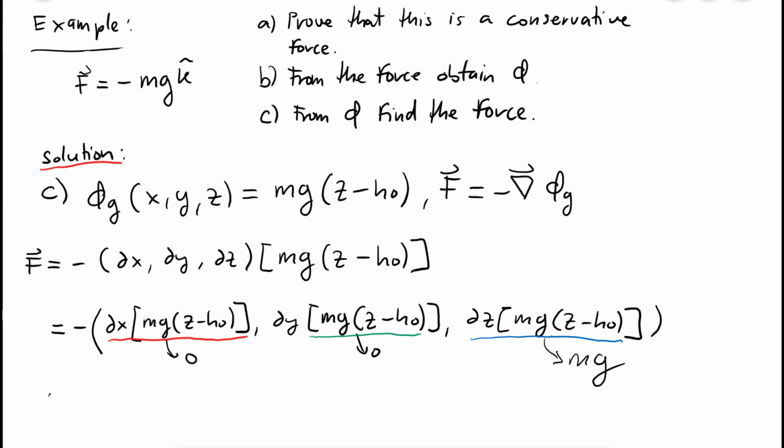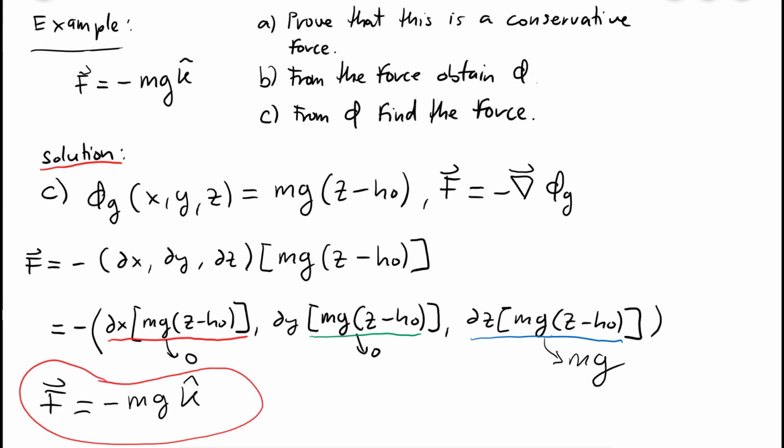And thus, if you write the resultant force, this is going to be equal to minus mg in the k direction. And this force is compatible with this other force, and so we are being consistent with our definitions. And that is how you solve for the force given a potential energy function.